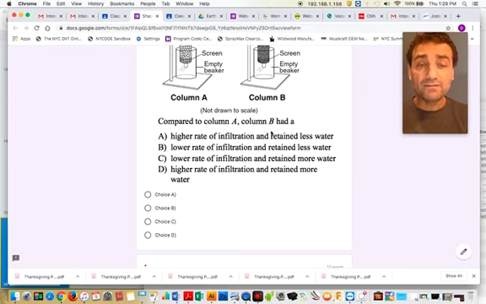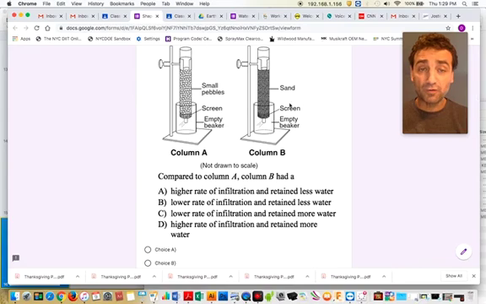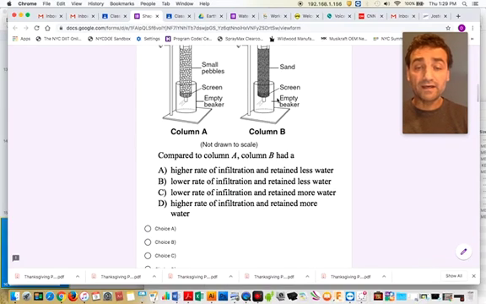Compared to column A, column B, the one with the small particles, had higher infiltration and retained less water? No. Smaller particles means a lower rate of infiltration, and retained less water? Well, small particles hold on to or retain more water than big ones, so I don't think it's B. Let's take a look at C. Low rate of infiltration?